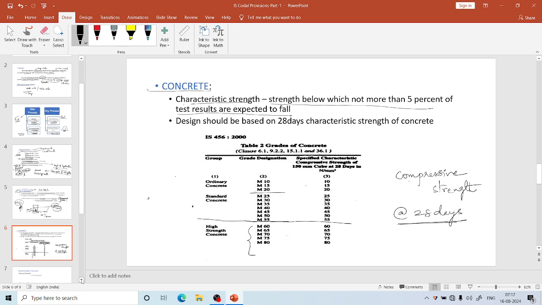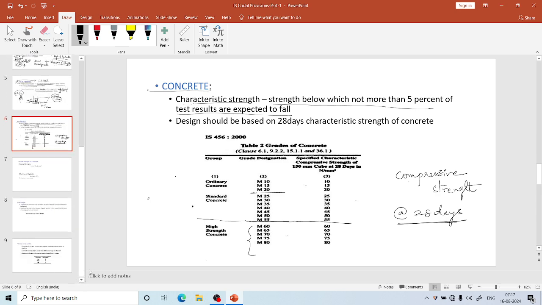One more thing I want to add: the minimum grade of concrete in limit state design for reinforced concrete is M20. M10 and M15 are for plain cement concrete or lean concrete without reinforcement.